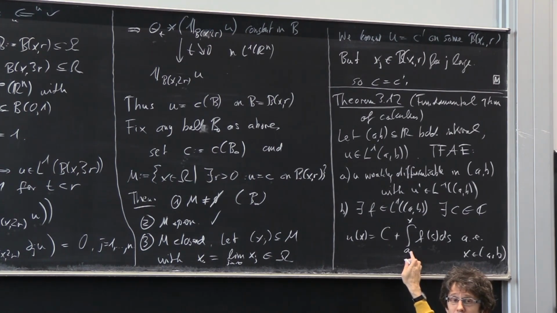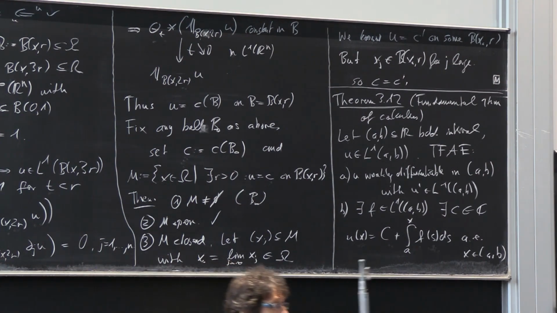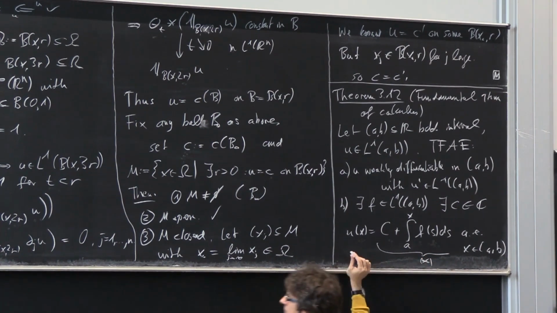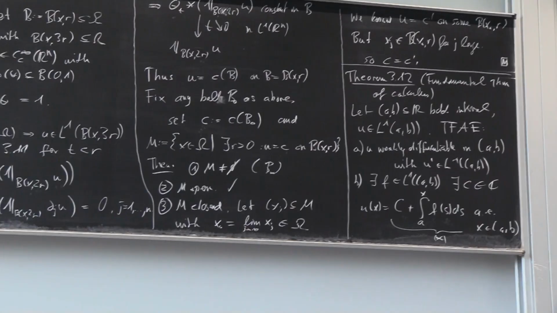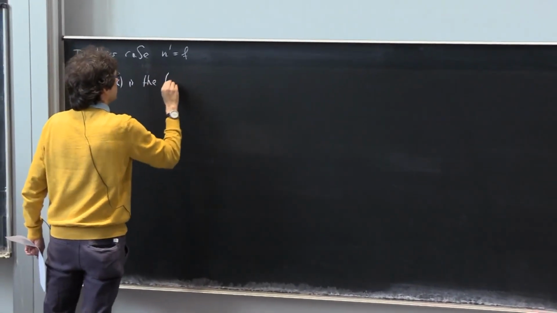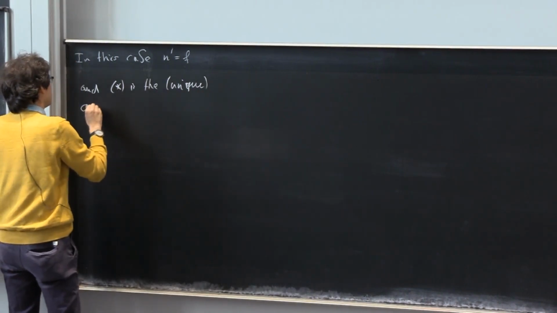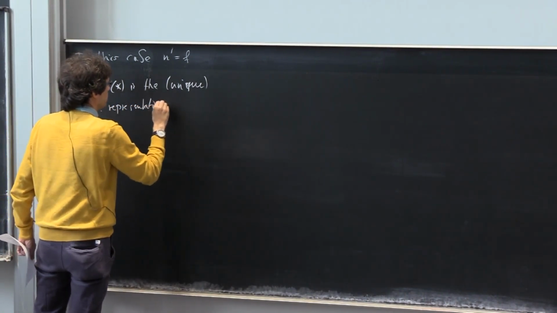And this comes somehow completely out of nowhere. So u is only integrable, but if you know that the derivative is also integrable, then u has a continuous representative. So this function here is continuous, and I write it's the unique continuous representative of u.